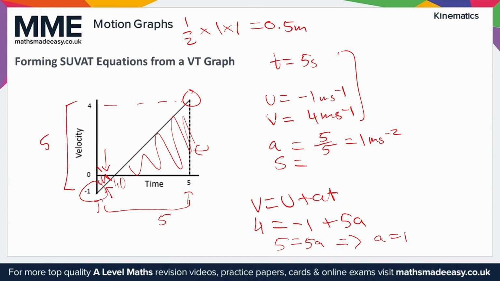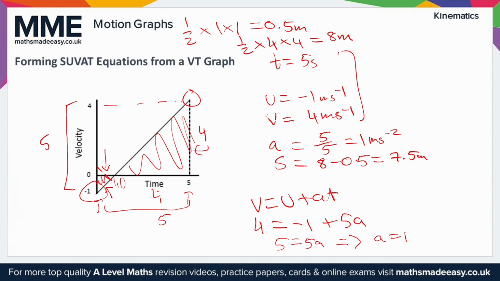Remember, that's going to end up being negative in the end because the velocity is negative in that section. This one's a little bit trickier, but it's 4 wide and 4 tall, so we're just doing a half times 4 times 4. So that's 8 meters. So our final displacement is going to be 8, take away 0.5, so 7.5 meters.